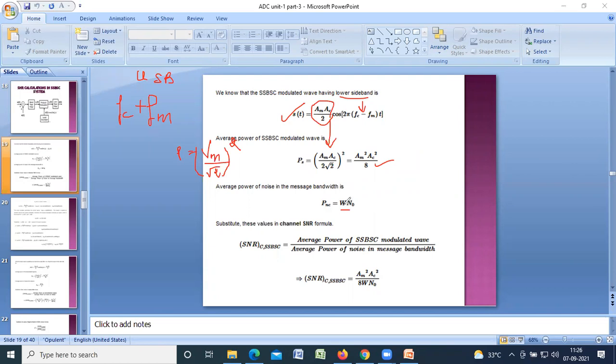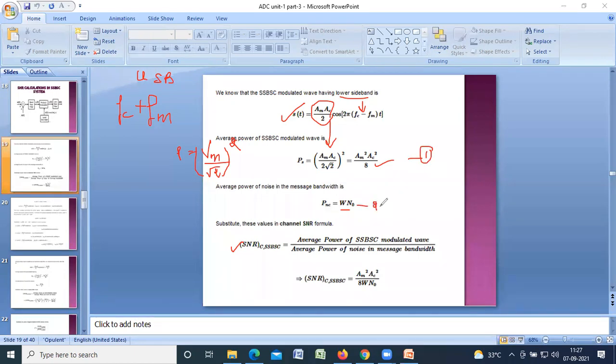W is your message bandwidth, N naught is your noise output signal. After this, you have to calculate the signal to noise ratio of the channel, because we have already calculated the average power of the single sideband modulated wave and the average power of noise. Divide both. Suppose these are your equation number 1 and 2.